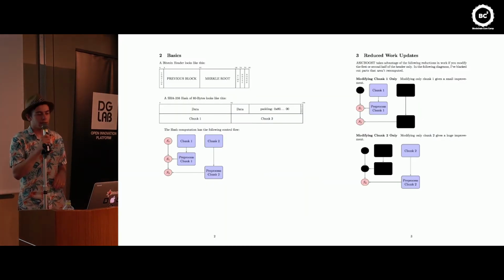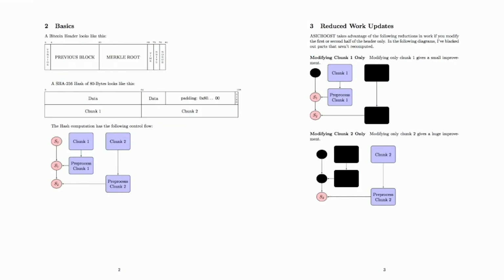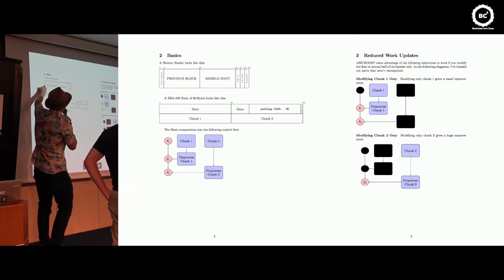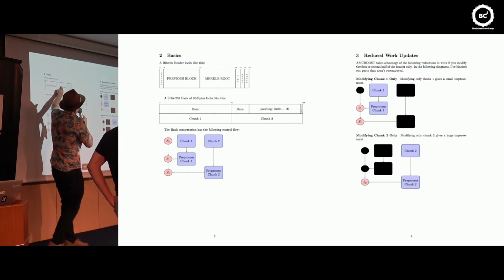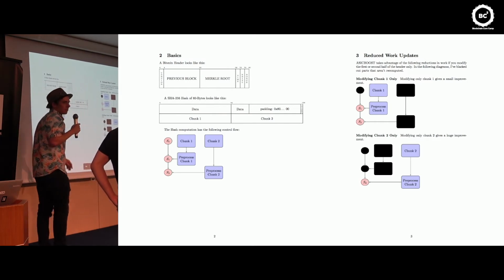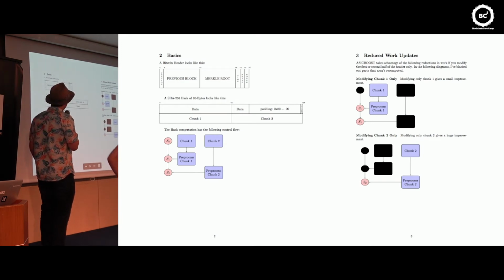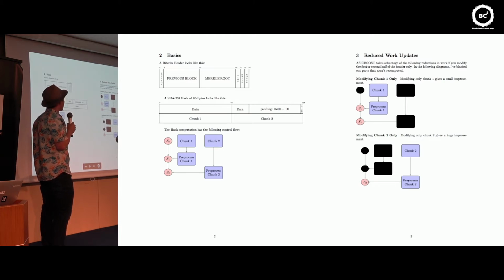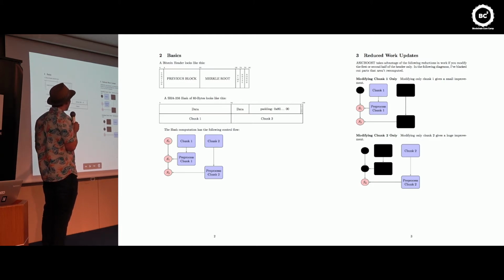So to start, let's look at what a Bitcoin header looks like. It's 80 bytes. So we have version, previous block, Merkle root, time, bits, nonce. The previous block hash is 32 bytes, the Merkle root is 32 bytes, then time, bits, nonce.